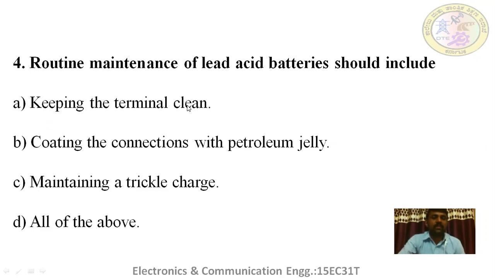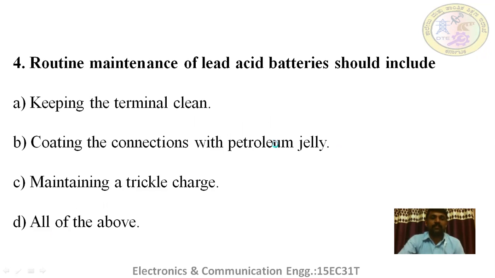So what are the points to be taken care of to maintain the batteries? Yes, all of the above. It is required to clean the terminal, coat the terminal, and tighten the terminal. The answer is all of the above.